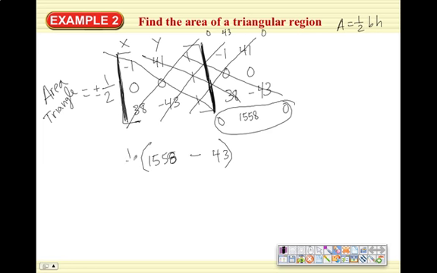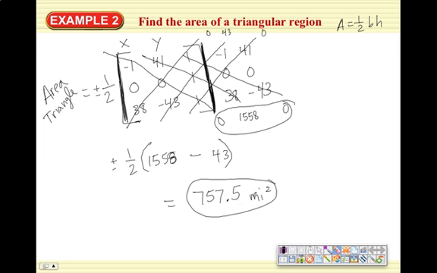We're going to multiply by 1/2, plus or minus, because if our answer was negative, we would change it to a positive answer. After you do all the work, type it in your calculator. 1/2 times that is equal to 757.5. Since our grid was in miles, this is miles squared. So this is the area of that triangle.